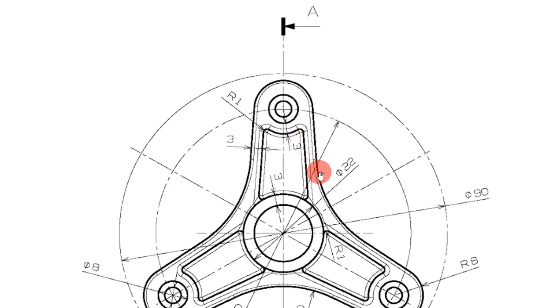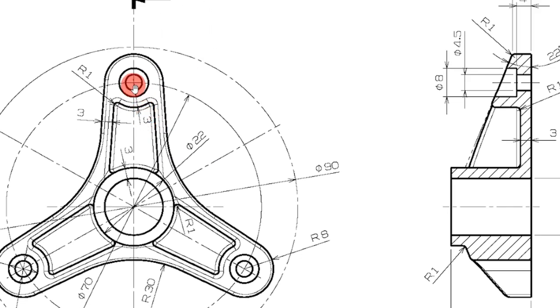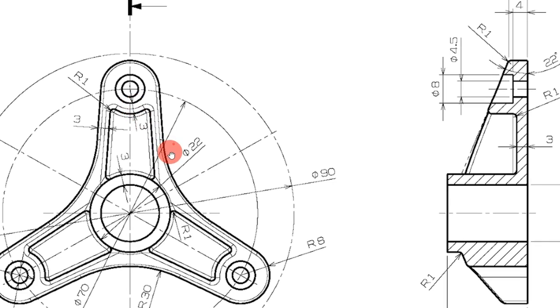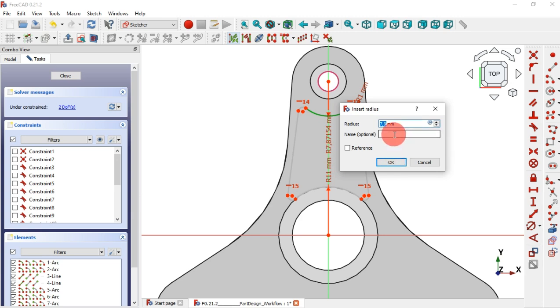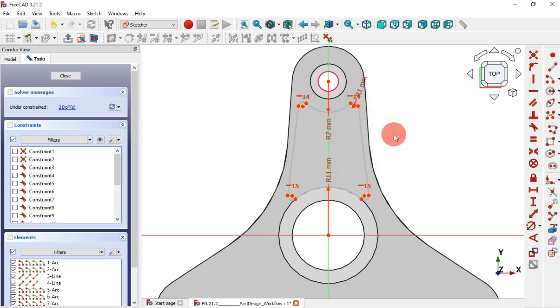We have 3 millimeters, so we'll add this dimension with the radius of this circle. So as you can see, the diameter is 8 and the radius is 4. So what you'll do is to set 4 plus 3 millimeters, and we get 7 millimeters for the radius of this arc. Okay, we have 2 degrees of freedom now.